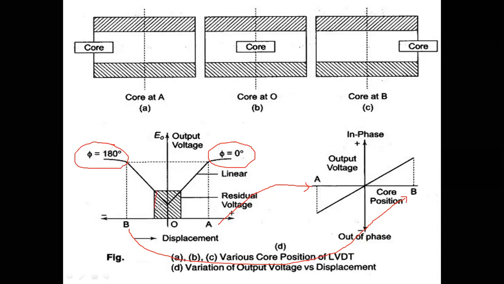This is the residual voltage. Why am I getting this bend here? Beyond this 5 mm displacement, the curve below 5 mm is linear. Beyond this 5 mm, deviation of the curve will take place.